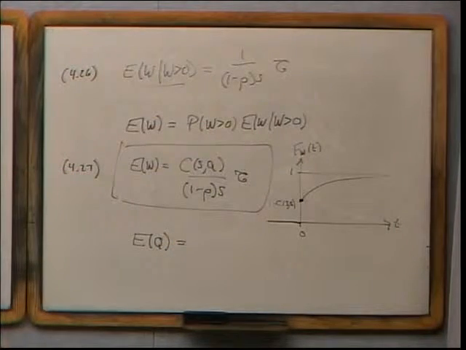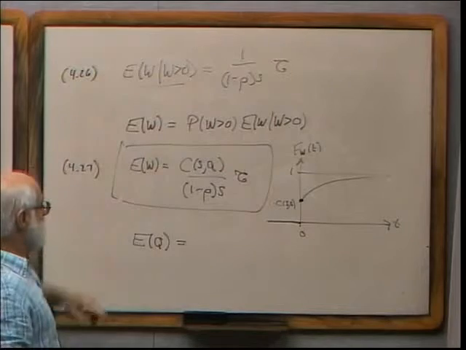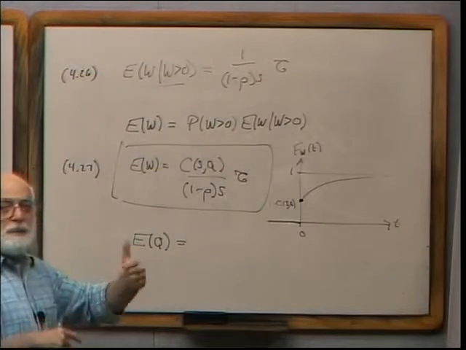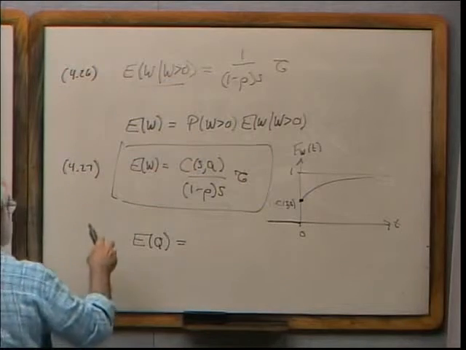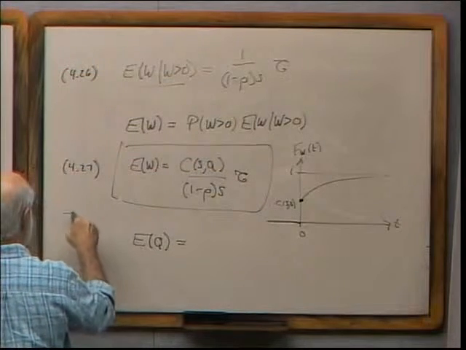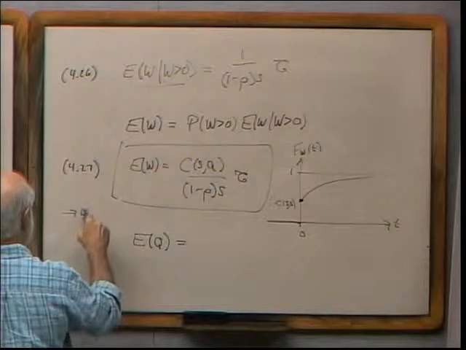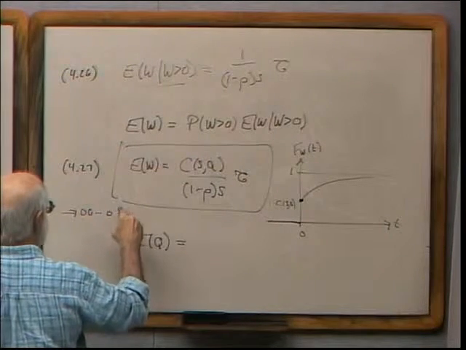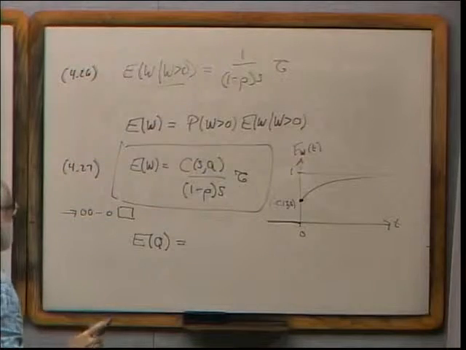All right, now, to apply Little's formula, I want the Q to be the system. So here are my arrivals, and then here's my Q, and then here are my servers. So I'm going to take the system to be the Q.